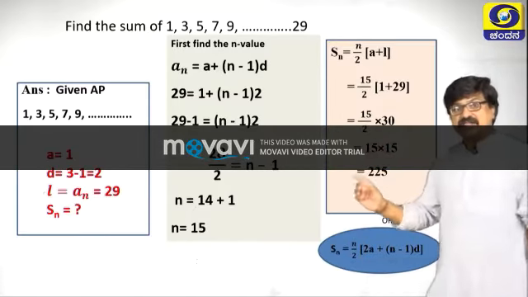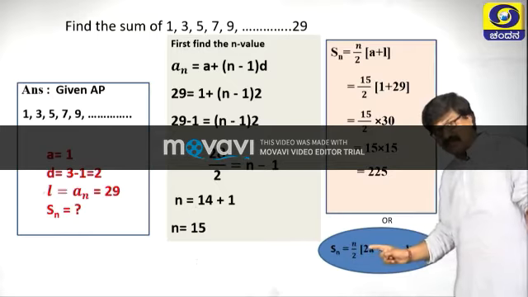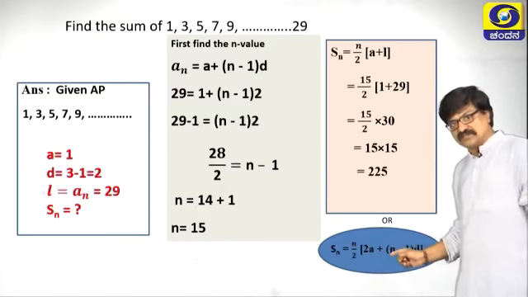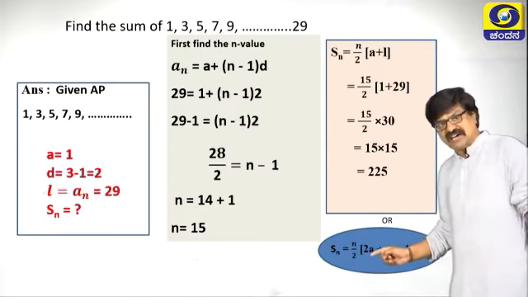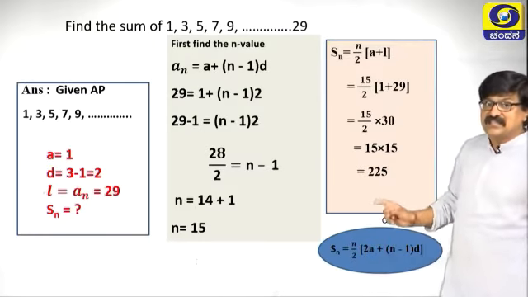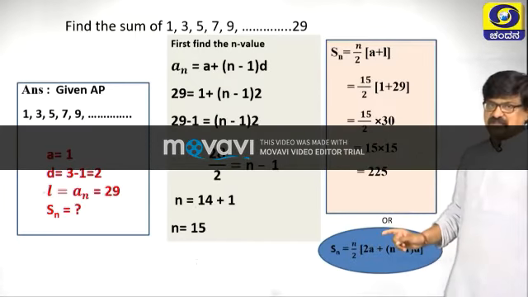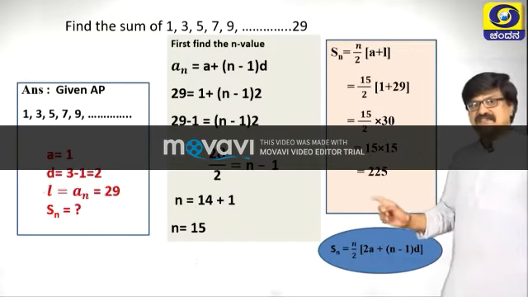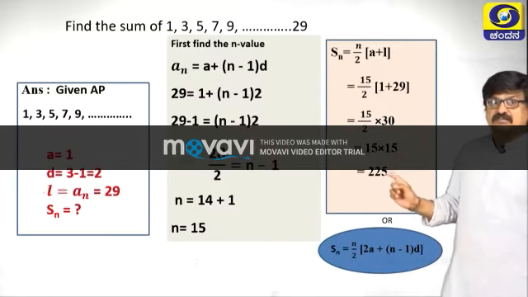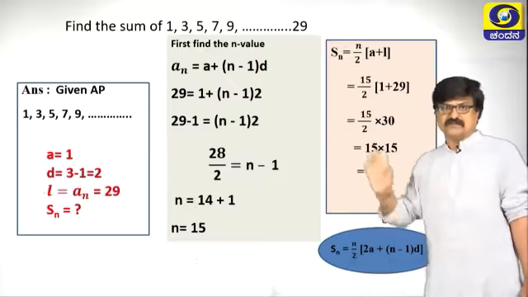Or else we can use the other formula, Sn equal to n by 2 into (2a plus (n minus 1) into d), because we know the n value, a as well as d. So, either we can use this formula or that formula. For both cases the sum of these numbers becomes 225 only.